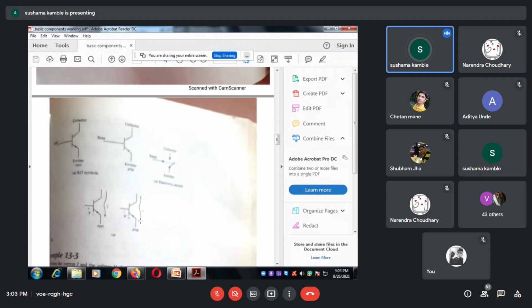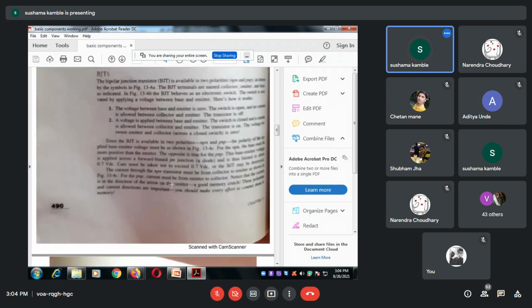PNP में opposite arrow है, current is flowing from this direction to this direction, and base is more negative, or emitter is more positive than the base in case of a PNP. So these statements are there. See. Otherwise, you just write down in your own words. आप लोगों को जैसे लगता है वैसे लिखो कि NPN ट्रांजिस्टर कब ऑन होने वाला है, PNP कब ऑन होने वाला है, ऑफ रहता है तो उसका वोल्टेज क्या रहता है.